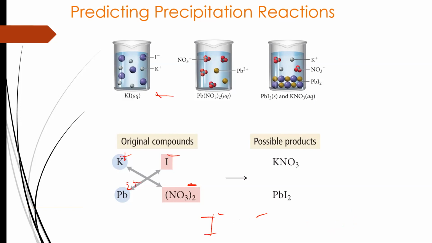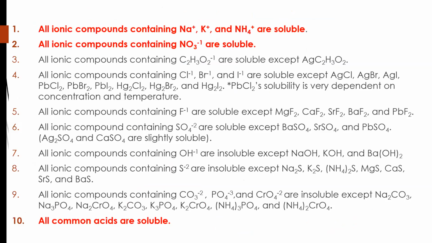So our new products are going to be KNO3 and PbI2. If we jump to our solubility rules, we're looking at KI and Pb(NO3)2. Now when we look at this, we have our lead(II) nitrate there. It's got nitrate in it, so it's soluble.